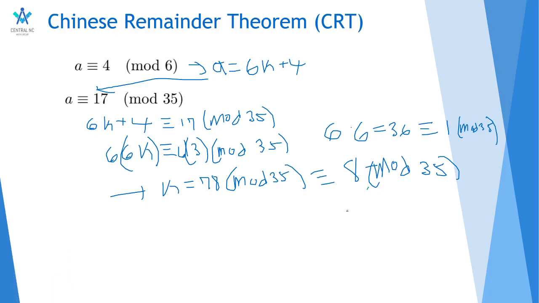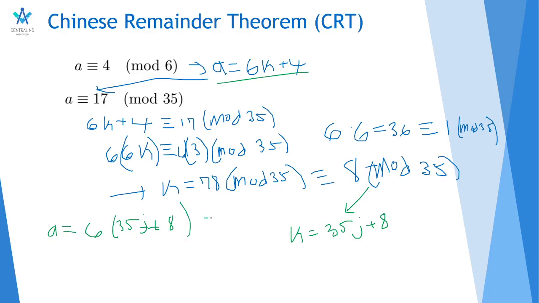as, right here, this is k is congruent to 8 mod 35. We can write k being equal to 35j plus 8. And we can substitute that back into here. So we get a is equal to 6 times 35j plus 8, plus 4.